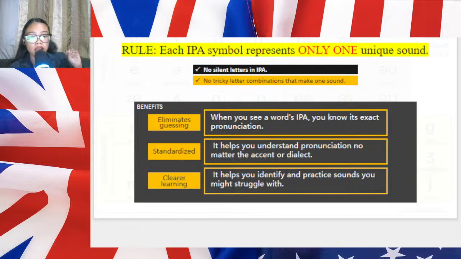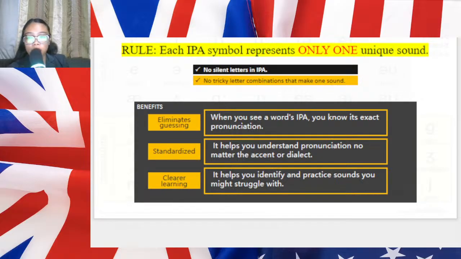It's simple. You won't see a symbol for the silent K in "know," for the silent P in "receipt," or for the silent H in "honest." So all those silent letters in the given words, you will not find a symbol for in the IPA transcription of the word. Okay?